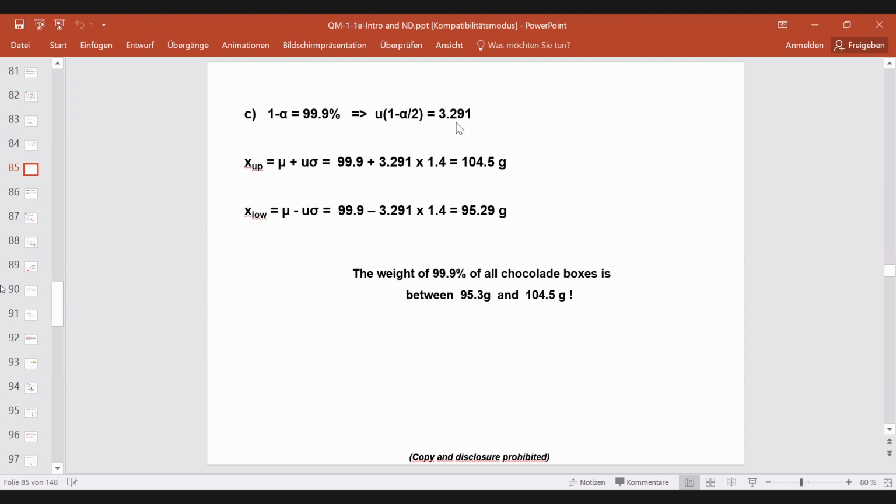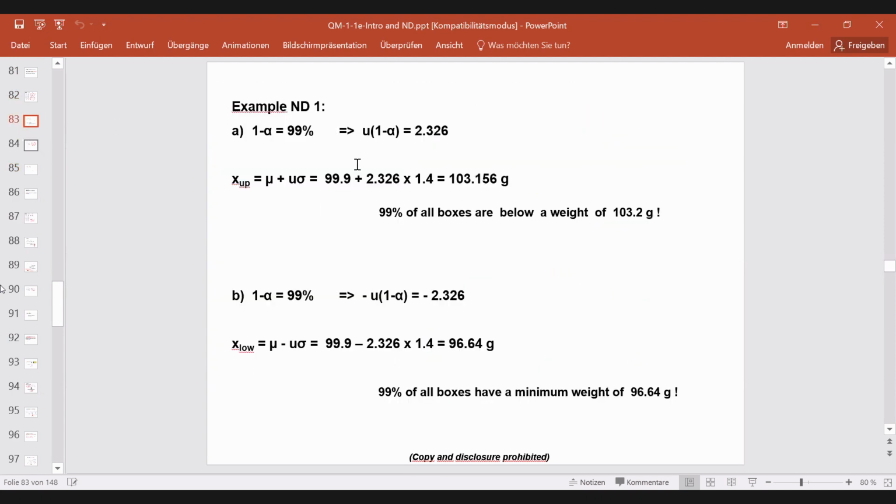So this means you take this value 2.326 and put it into this equation here. This is the equation for the upper threshold, x up. And it is mu plus u sigma.